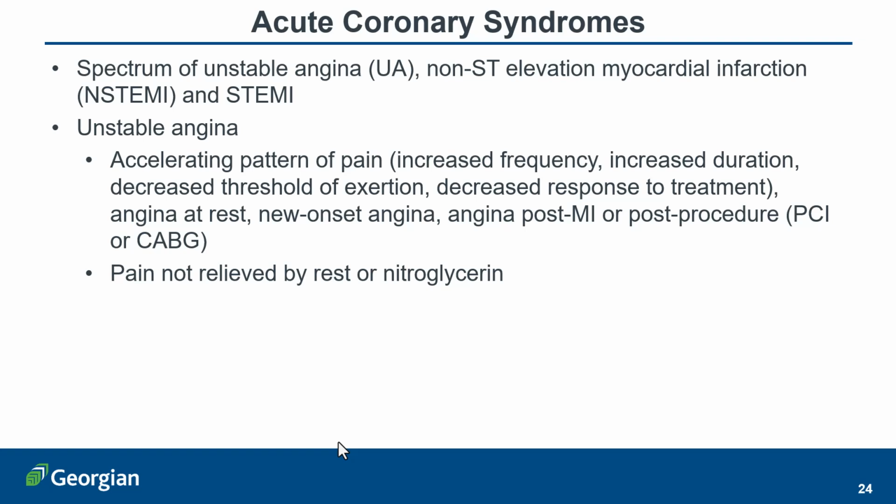We already mentioned the fact that angina that occurs with a decreased response to treatment such as nitroglycerin is classified as unstable angina. So if the pain is not relieved by rest or nitroglycerin, it is most likely unstable angina.